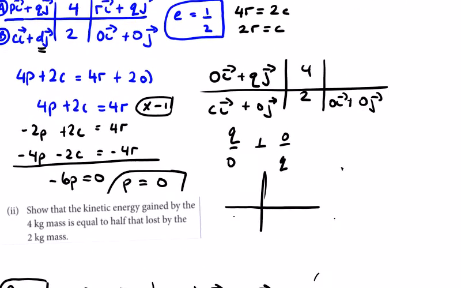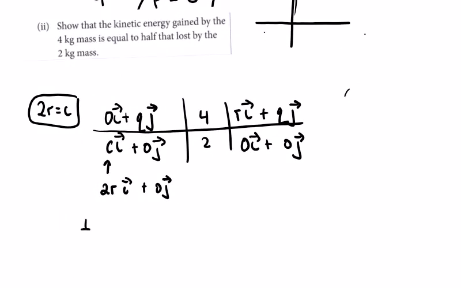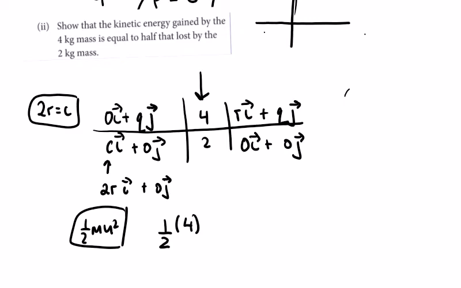And we can probably go from here for kinetic energy, a half mv squared. So if we look at this one first, a half times 4.